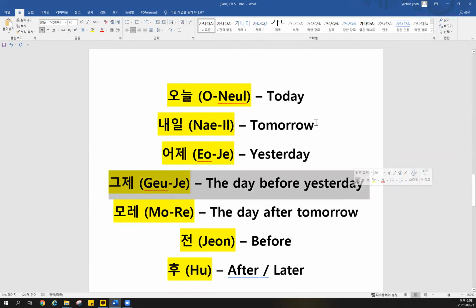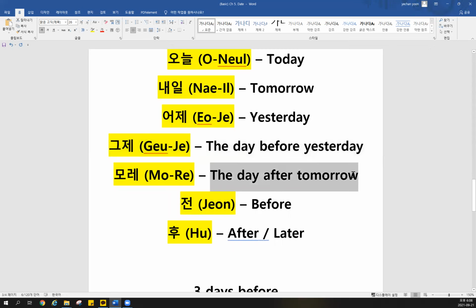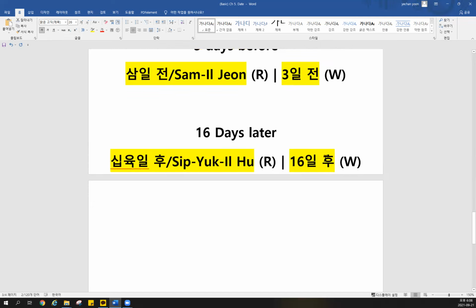The day before yesterday is 그제. The day after tomorrow is 모레. Next, before is 전, and after or later is 후.